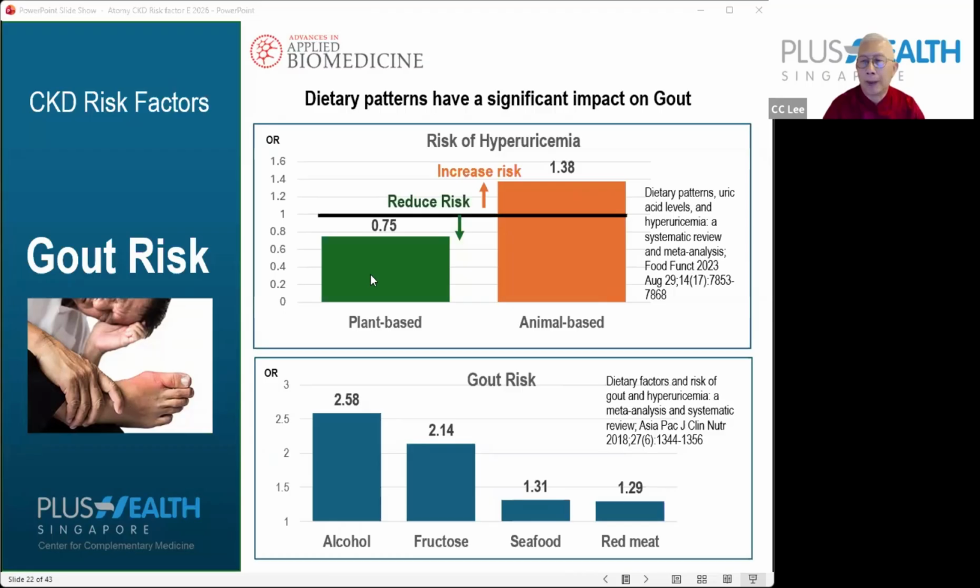And if you are taking a plant-based diet, your risk of hyperuricemia decreases. So one of the ways to prevent gout is to eat more plant-based diet. Another one is that you look at the gout itself.